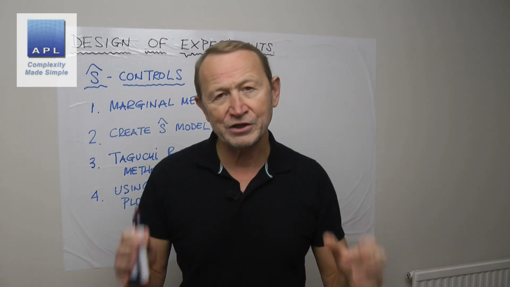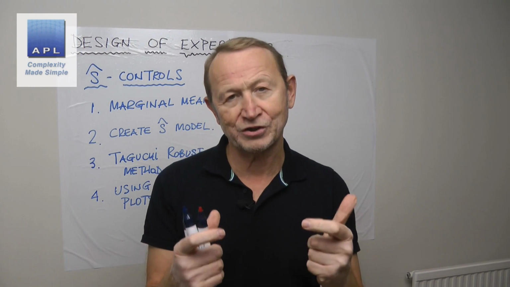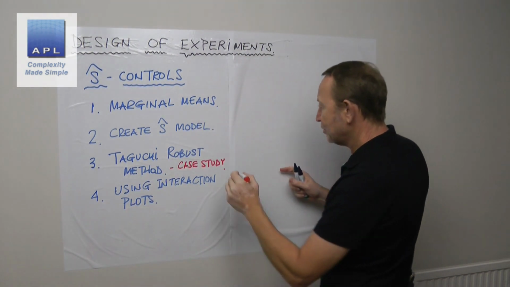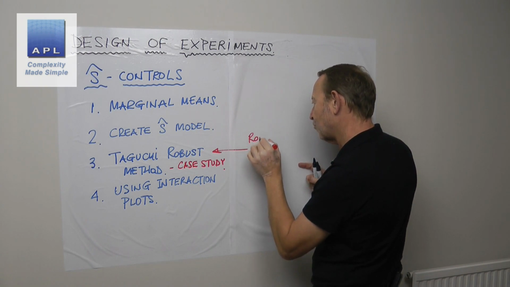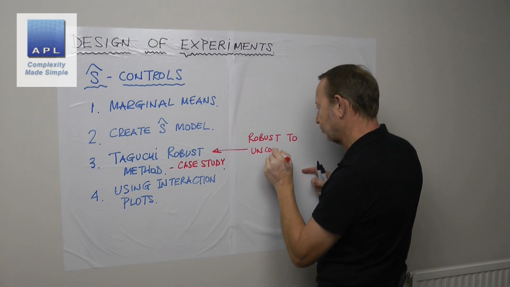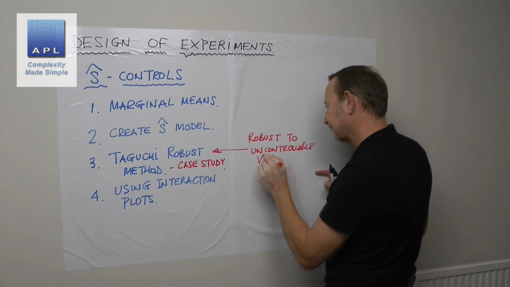So the first thing we're going to take a look at is, what is robustness Taguchi's way? What's the Taguchi method of doing this? Now, what we're talking about is being robust to uncontrollables. So uncontrollable variables.